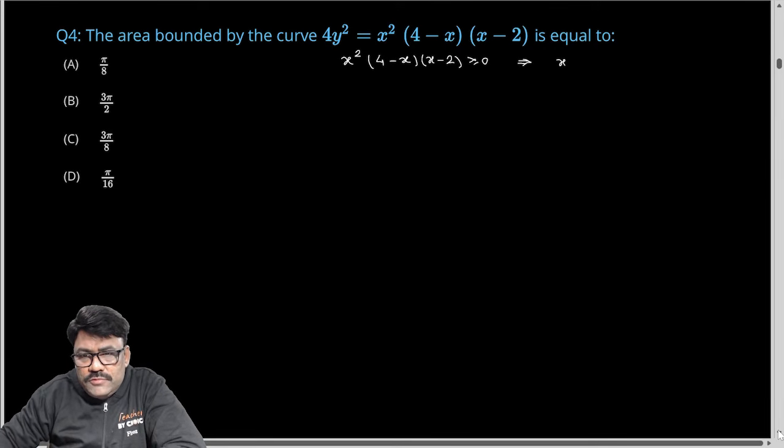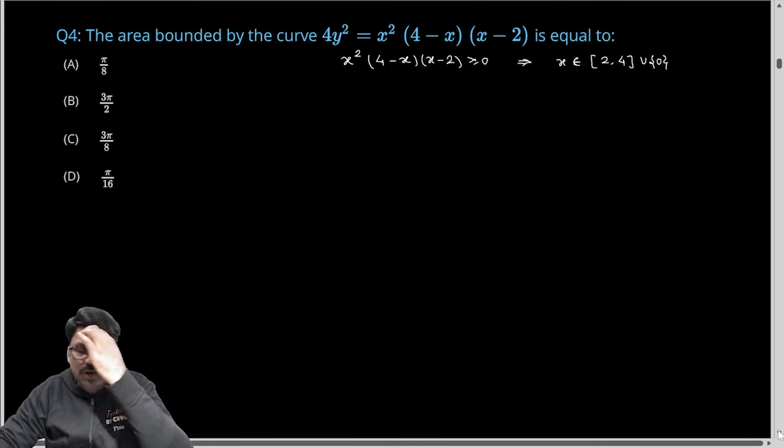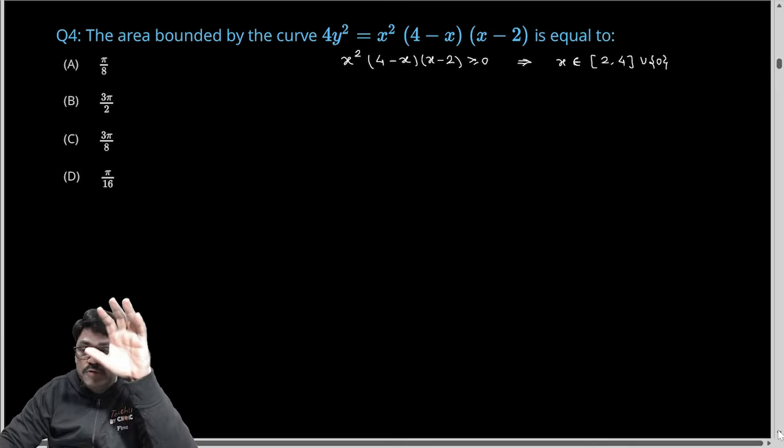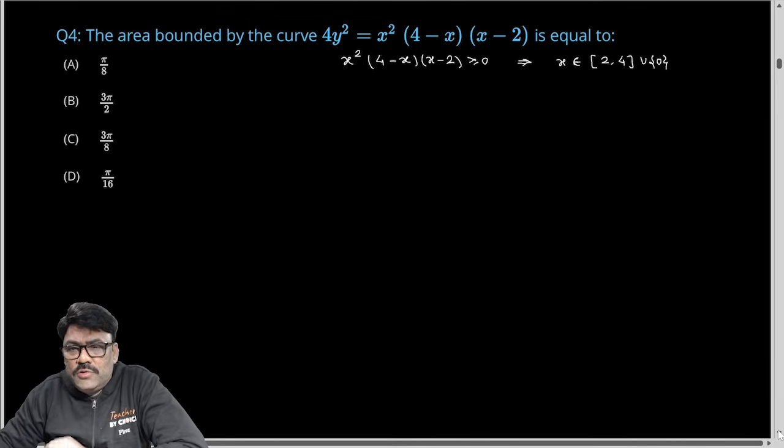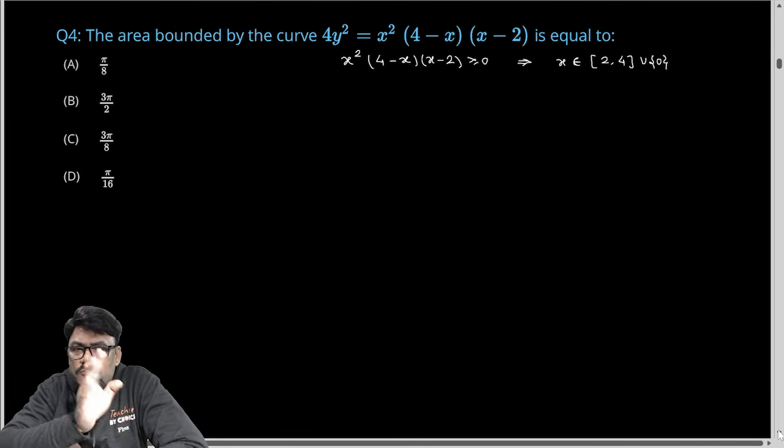So x belongs to 2 to 4. And of course (0, 0) also satisfies it. But 0 is an isolated point that will not be in the enclosed area region. So your enclosed area region is from 2 to 4.